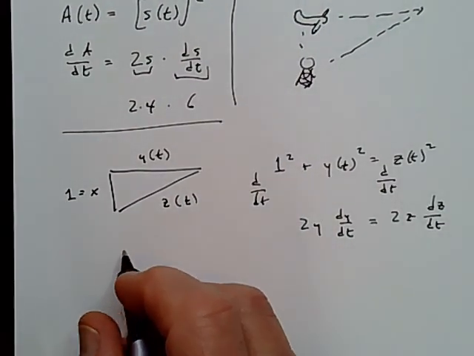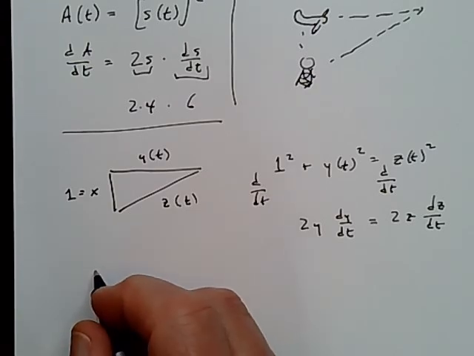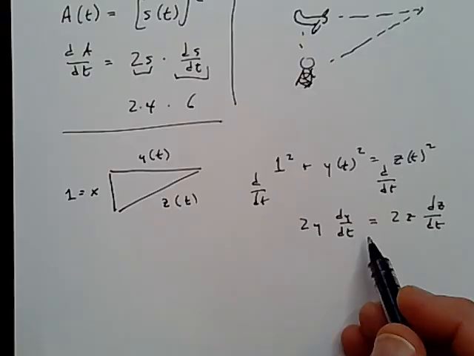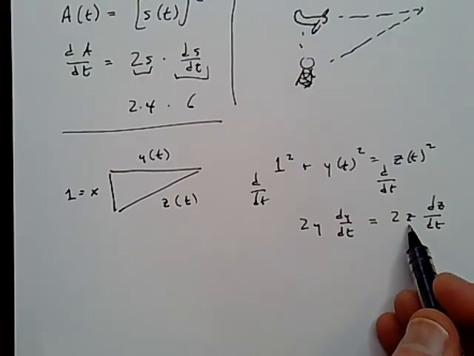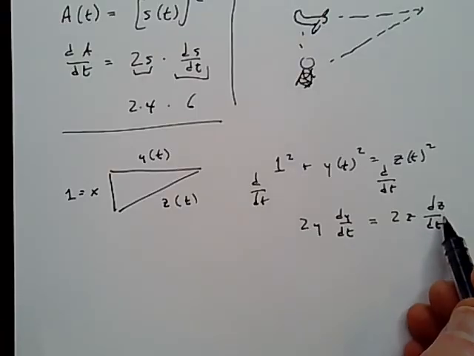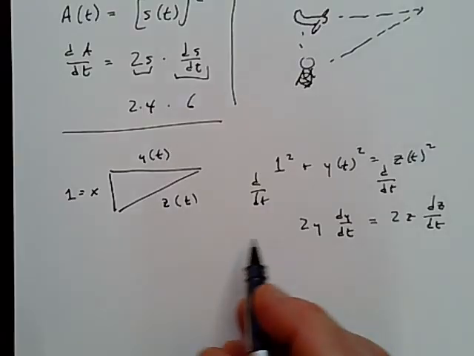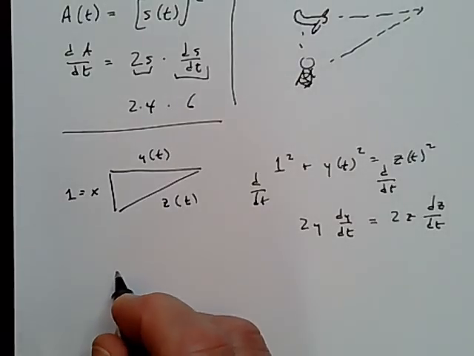And see what we got. So we get, let's see, y at the instant of interest is, and dy dt at the instant of interest is, and z at the instant of interest is, and dz dt is the unknown, I think. Okay, so at the instant of interest, I think we have this picture.